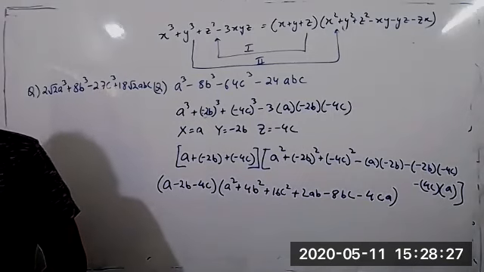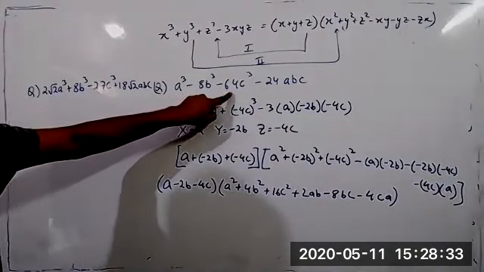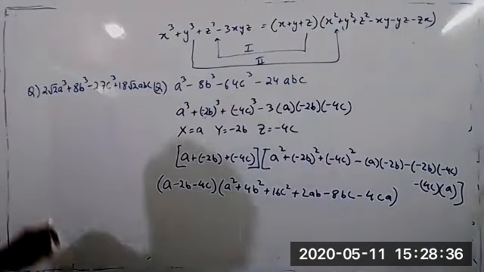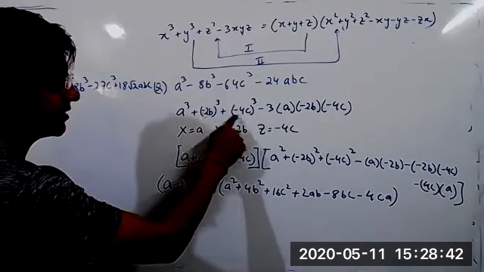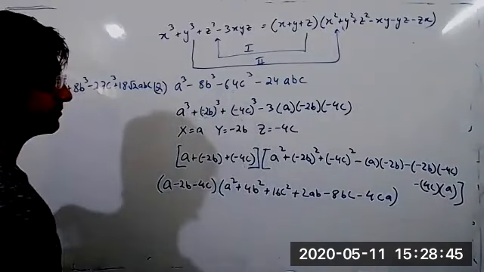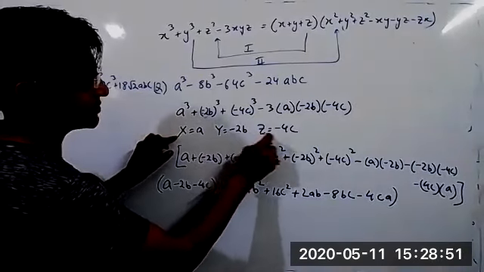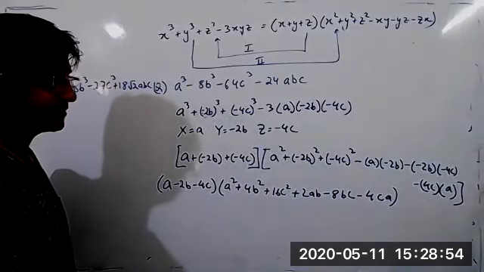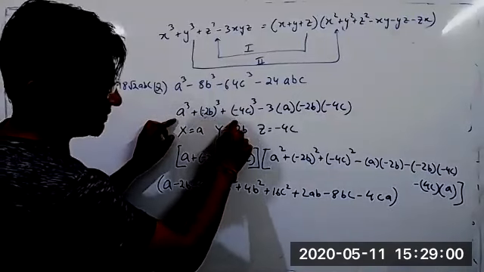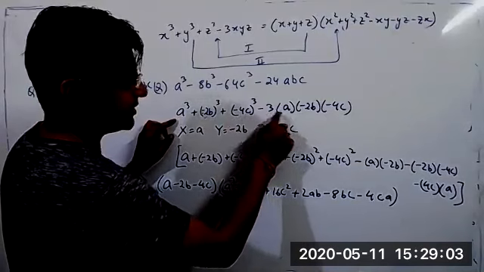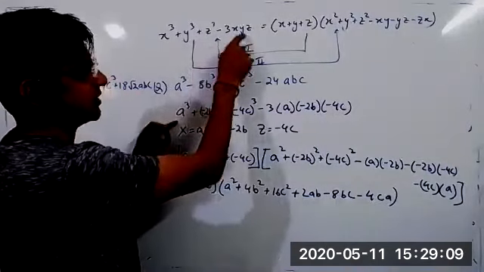Sir, once more, can you explain? This is a cube minus 8b cube minus 64c cube minus 24abc. Can you write this as minus 2b whole cube and this as minus 4c whole cube? Or you can say x is equal to a, y is equal to minus 2b, z is equal to minus 4c. Correct? And then you can write it like this: a cube plus minus 2b whole cube plus minus 4c whole cube minus 3 into x into y into z. This is this formula.